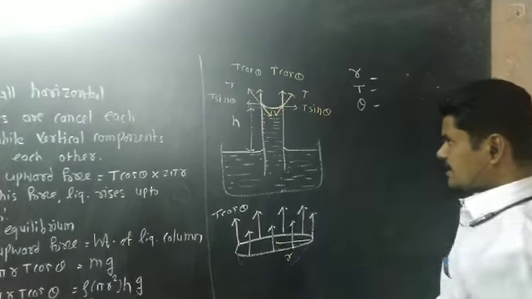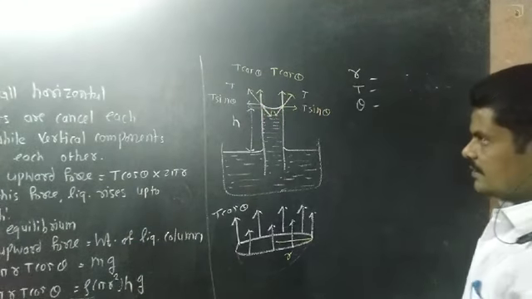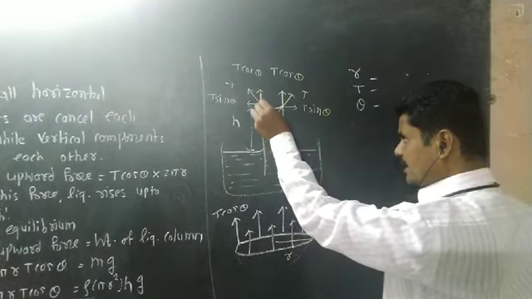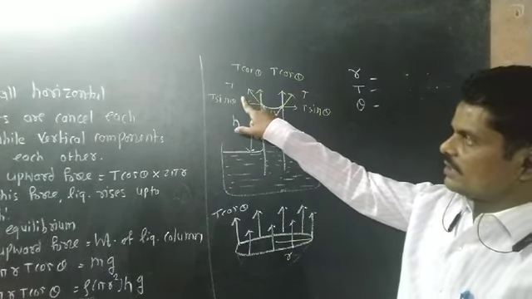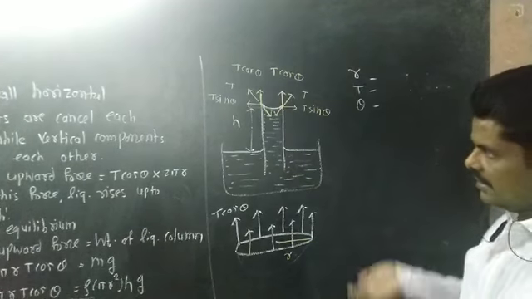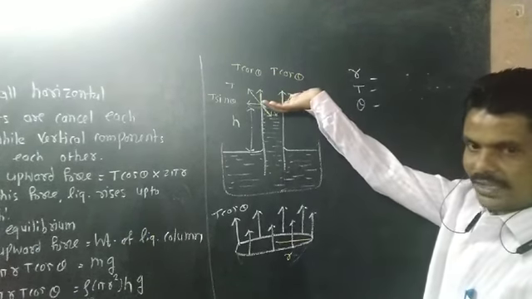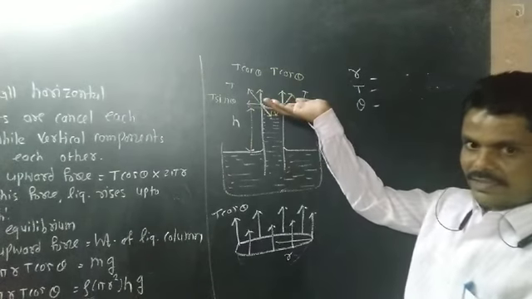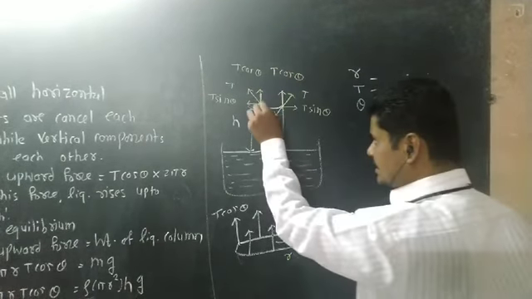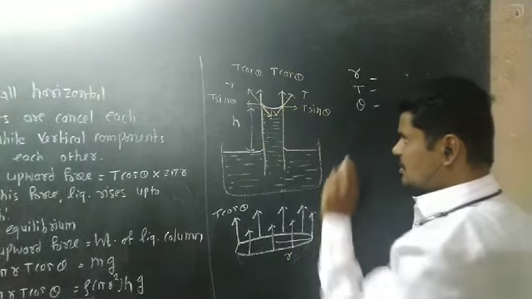This is the meniscus, and this is the point molecule which is in contact with solid and also liquid. Since the meniscus is concave, the direction of surface tension force is along the tangent. So this is the direction of surface tension force.